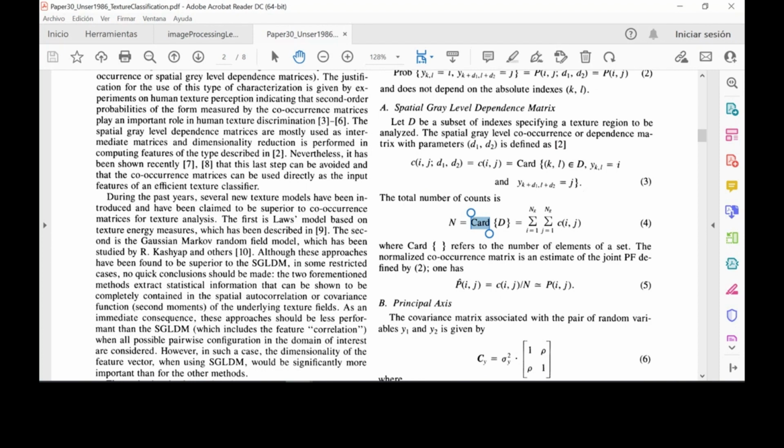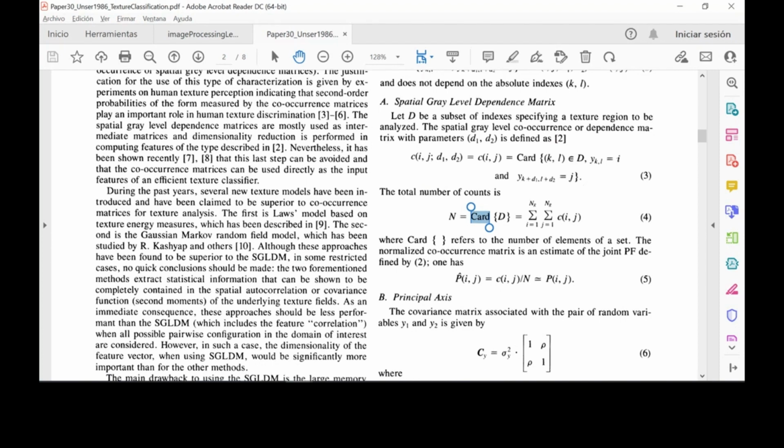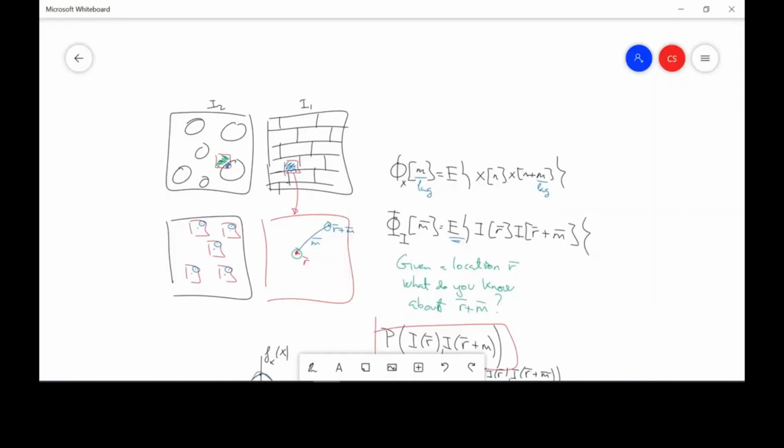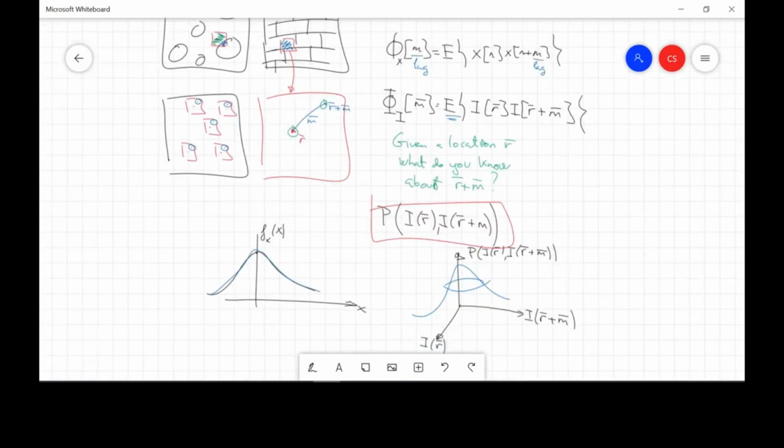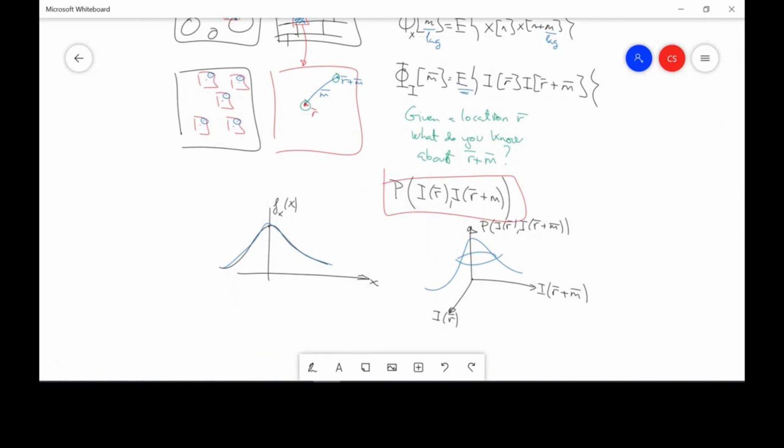What is that? That is this joint probability distribution. You see, this is equation 2 in the paper. So it is how many times, or related to the probability.